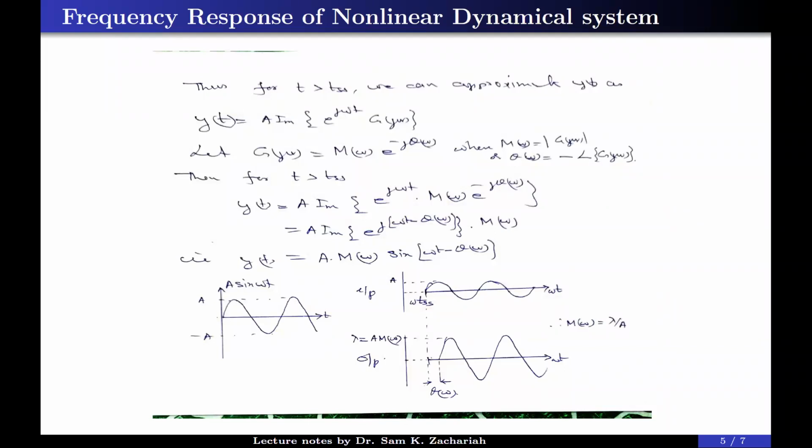So assume that the system is asymptotically stable. If you wait for sufficient time, the output transients all will settle down to zero and the output will contain only the forced component corresponding to the input command signal. So this is a pure sine wave having single frequency omega.